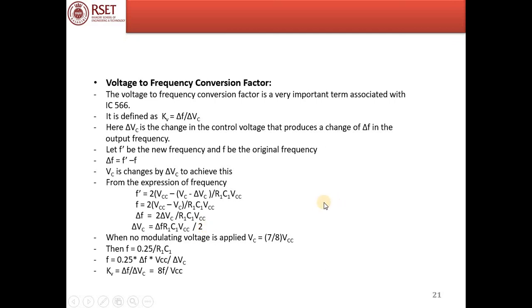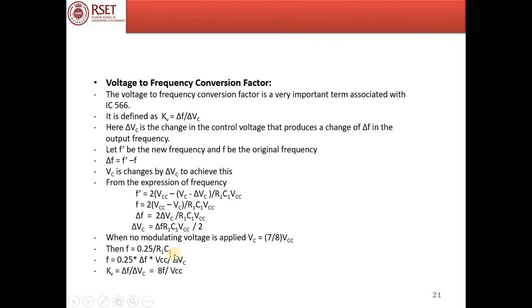Now if no modulating voltage is applied to pin number 5, by the internal circuitry, the voltage at pin number 5 becomes 7 by 8 VCC. We are applying that here in the equation for F, and then we get F is equal to 0.25 by R1 C1. We are finding out an equation for R1 C1 from this equation. R1 C1 becomes delta VC into 2 divided by delta F VCC.